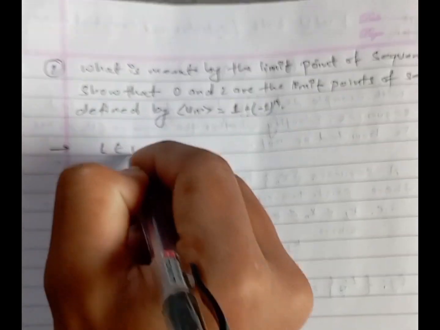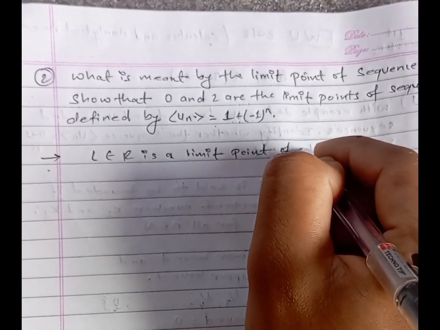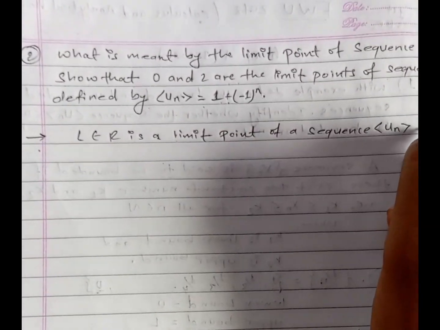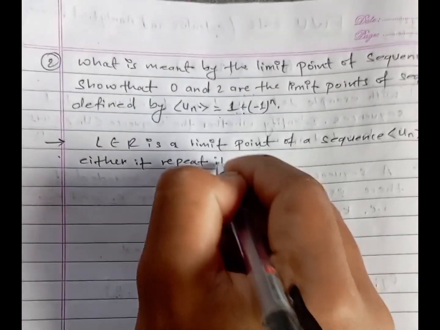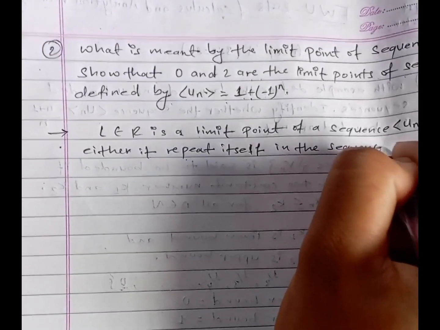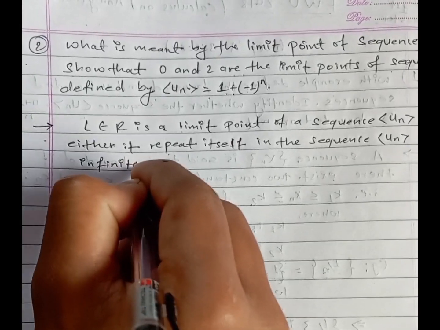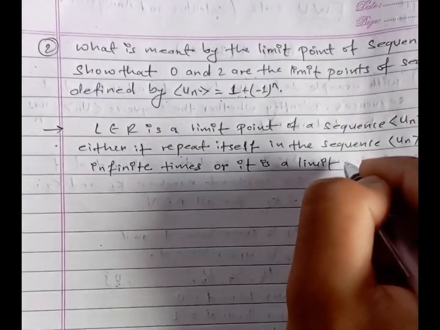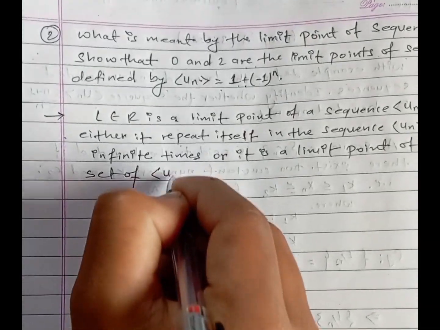L belongs to R is a limit point of the sequence un if either it repeats itself in the sequence un infinite times, or it is a limit point of the range set of un.